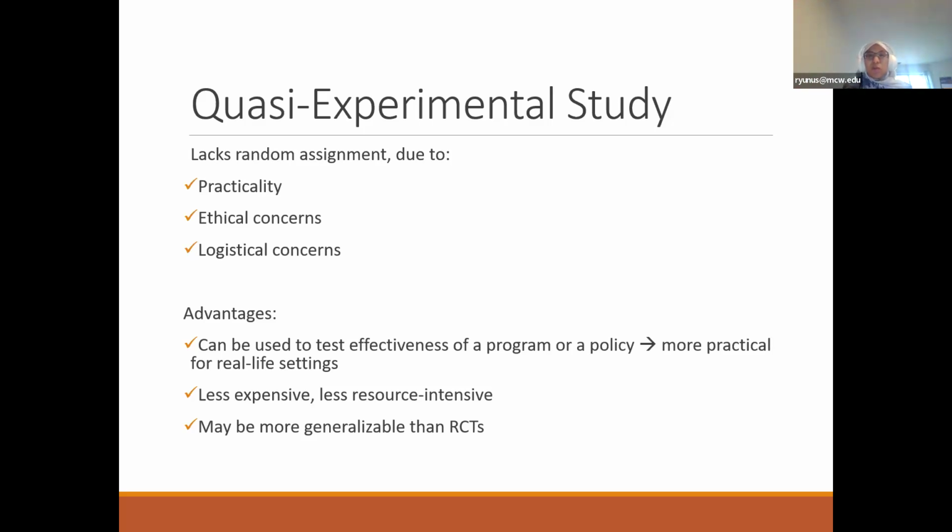Quasi-experimental is more flexible, more similar, I would say, to the real world situation. And that's why you will find this design more often used to assess the effectiveness of a program or a policy, because it is more practical for real world settings.